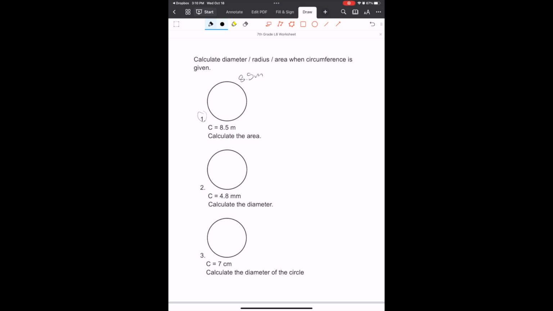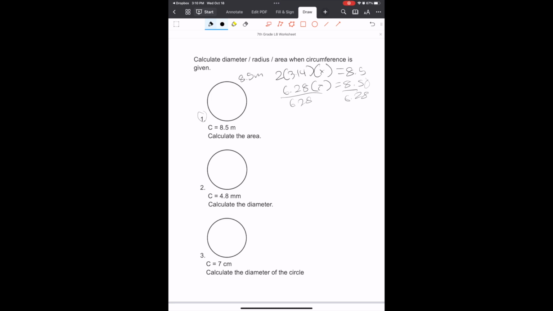So what is the formula for circumference? It's 2 pi r, where r, our variable, gives 8.5. So multiply this: 6.28 times x is equal to 8.5. Then divide by 6.28.